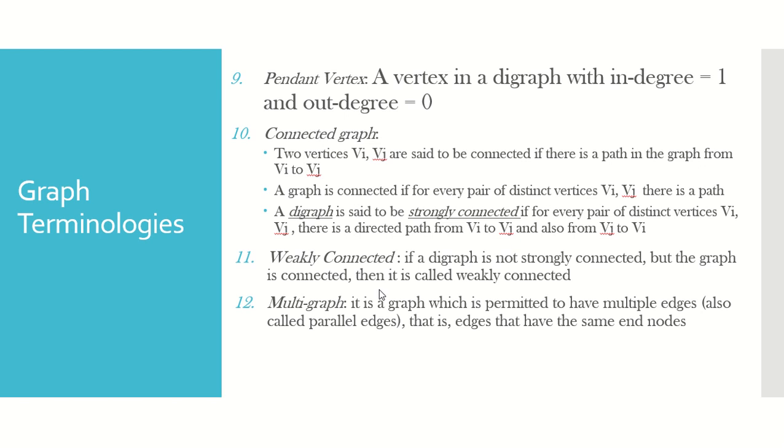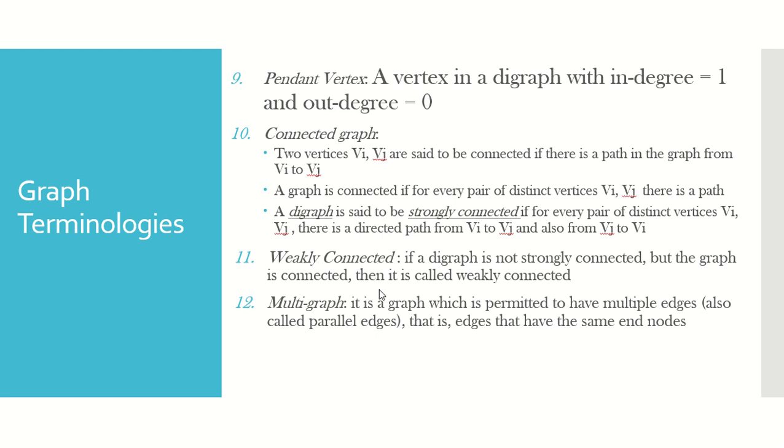But it is a digraph, and you cannot find a path from any vertex to any other vertex and from the destination vertex back to the source vertex. In that case, we'll say this digraph is a weakly connected graph because the underlying graph is connected. Even though it is connected, you cannot express the connectivity. Such kind of a digraph is called a weakly connected digraph.